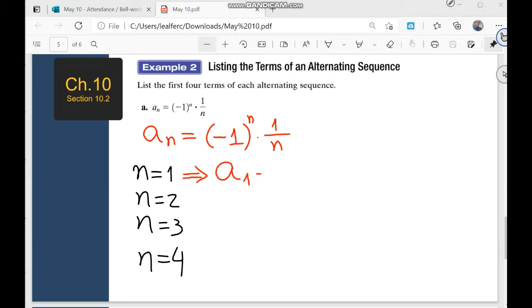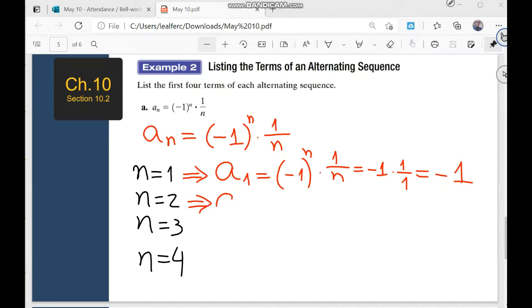So a1 equals negative 1 exponent 1 times 1 over n, right? And negative 1 exponent 1 is negative 1 times 1 over n, 1 over 1, right? This equals negative 1.